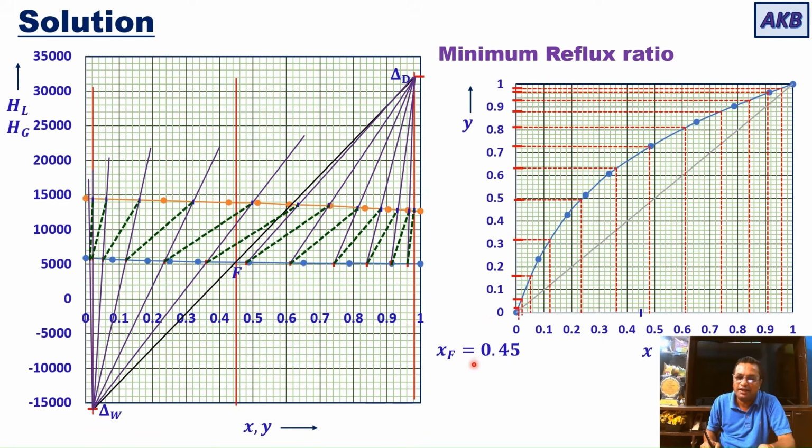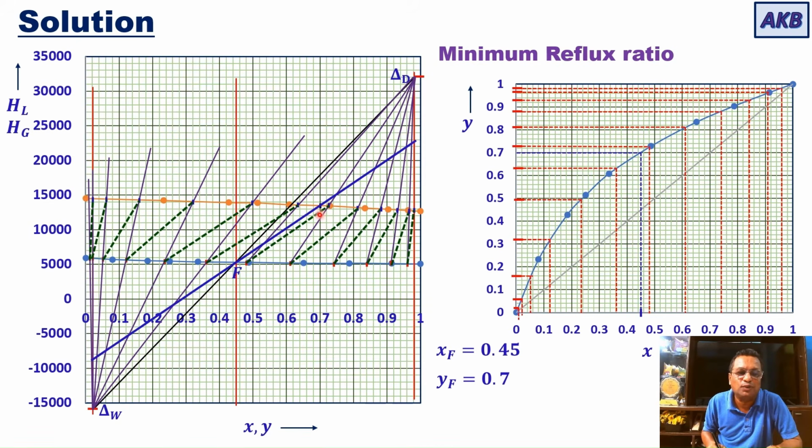I'm going back to the equilibrium curve and reading the Y value that is in equilibrium with XF. In this case, it is 0.7. So I'll take this value of 0.7 and locate it on the upper curve. 0.7 is located over here.